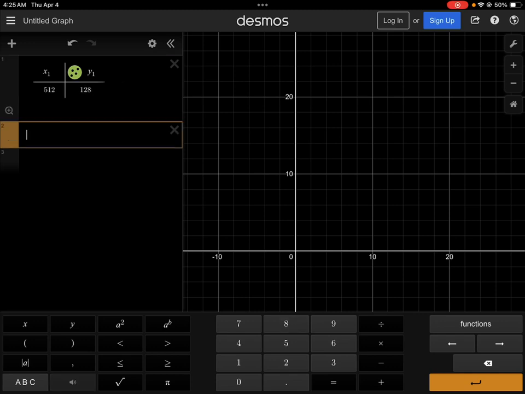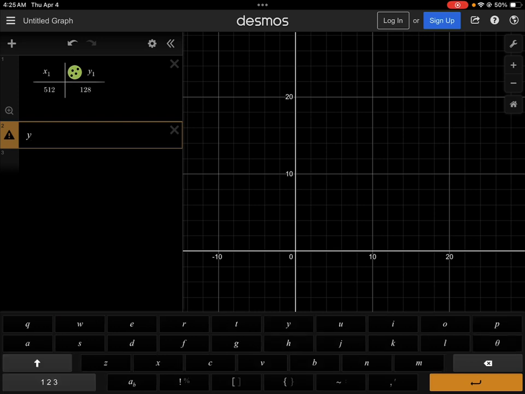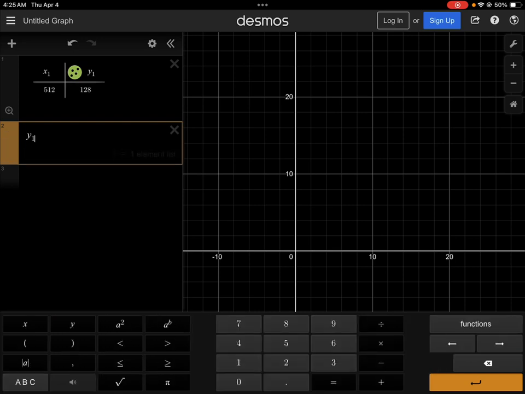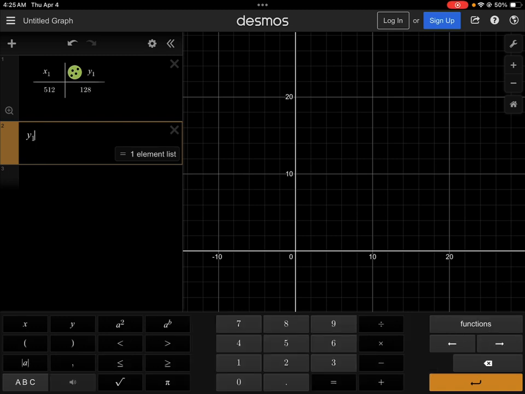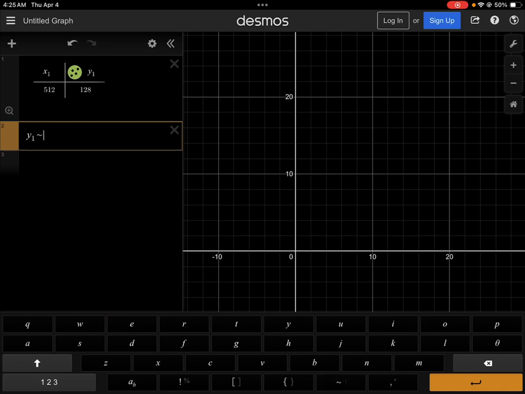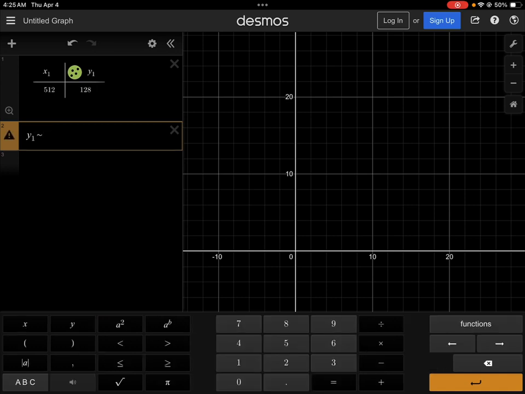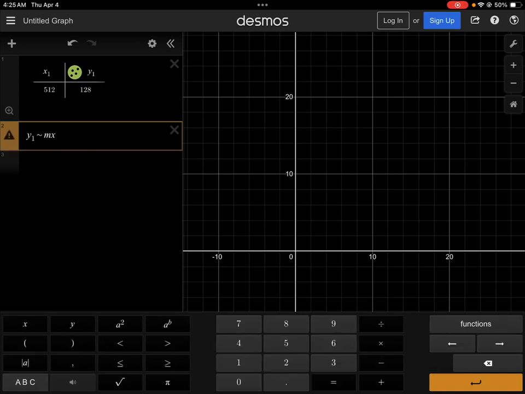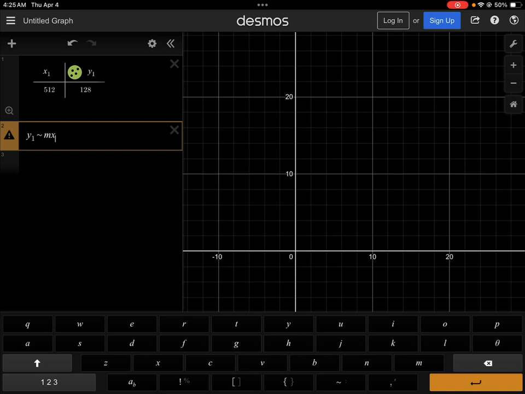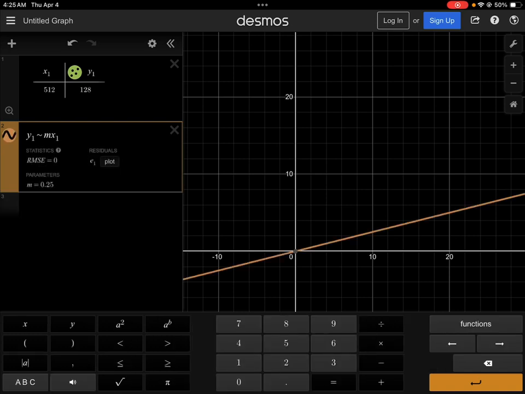Now at the next, I'm going to put y1, squiggly, m x subscript 1, and that's it. It's going to give me that the slope is 0.25.